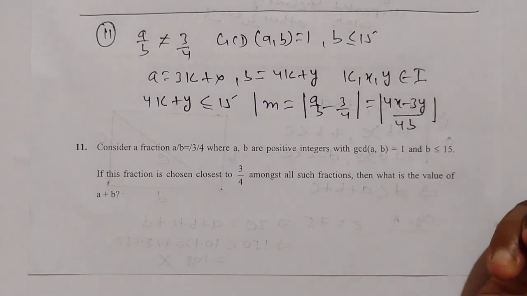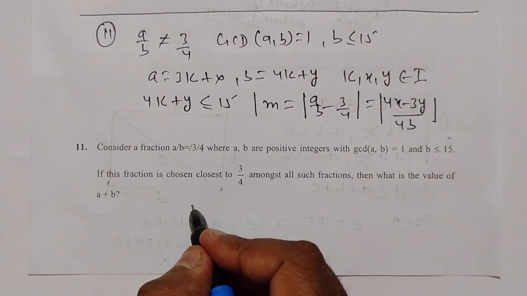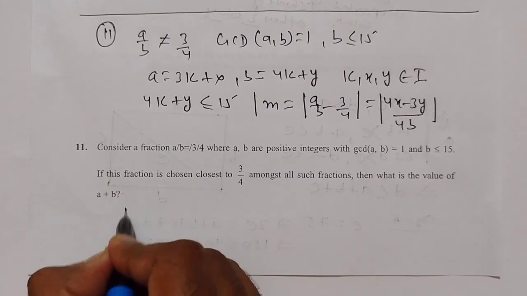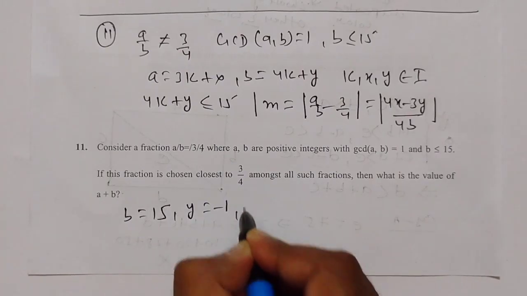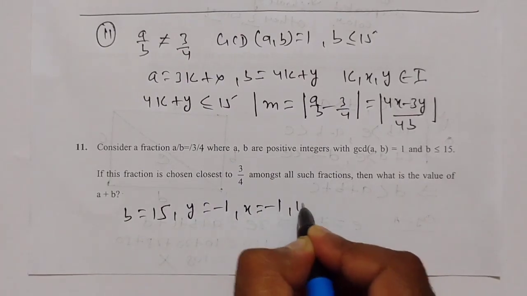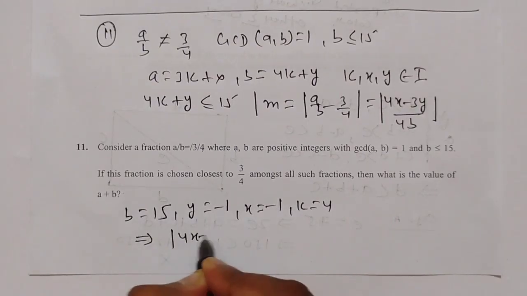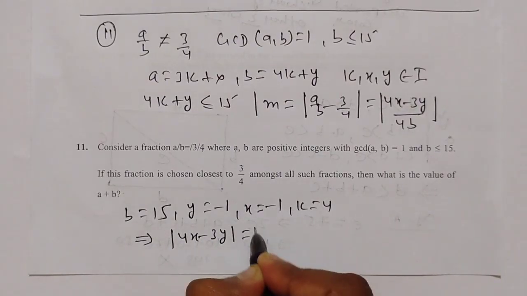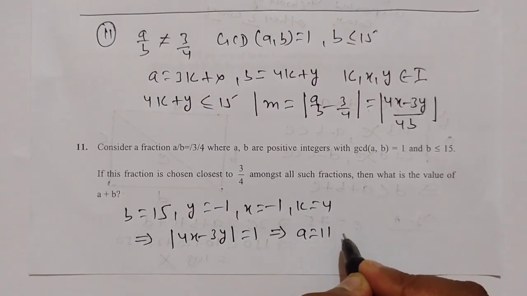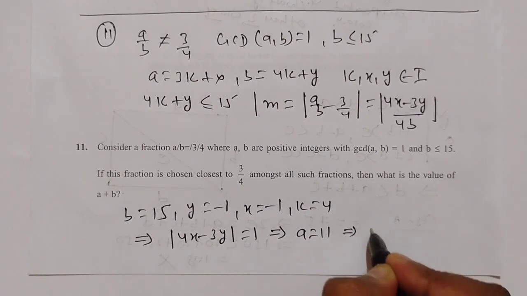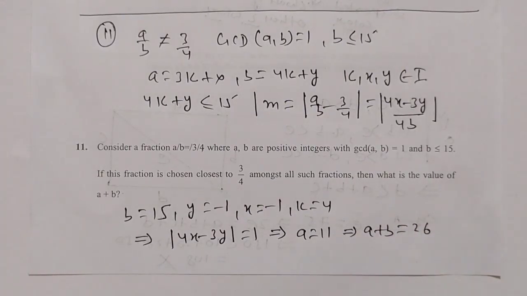In order to get the minimum M, consider b is equal to 15, then y is equal to minus 1, x is equal to minus 1 and k is equal to 4. We have modulus of 4x minus 3y is equal to 1, and this will imply a is equal to 11, and finally we have the value a plus b is equal to 26.